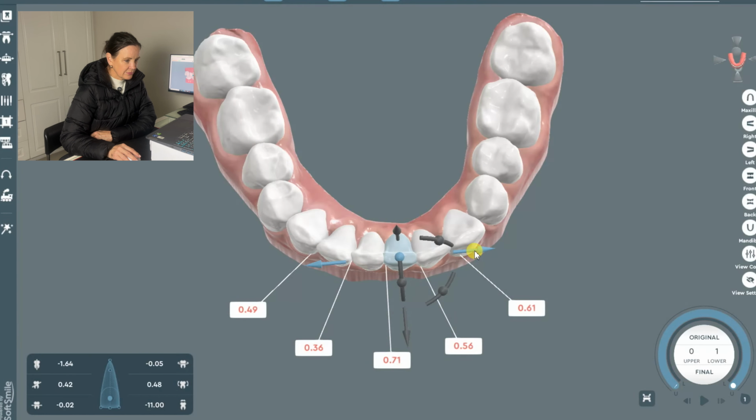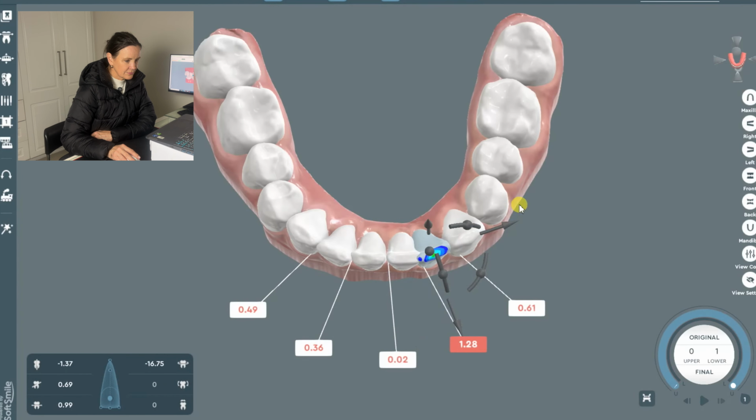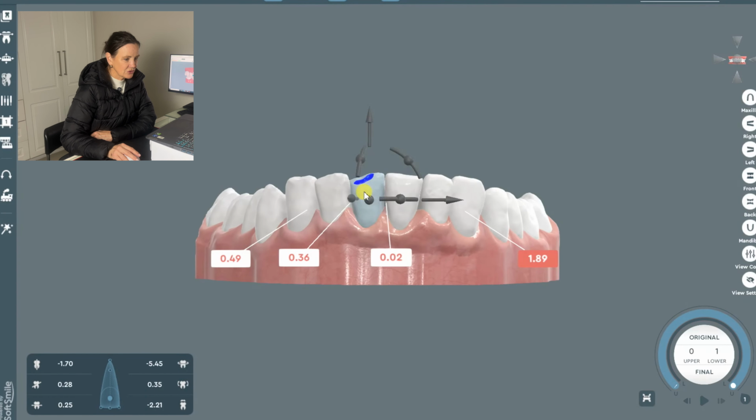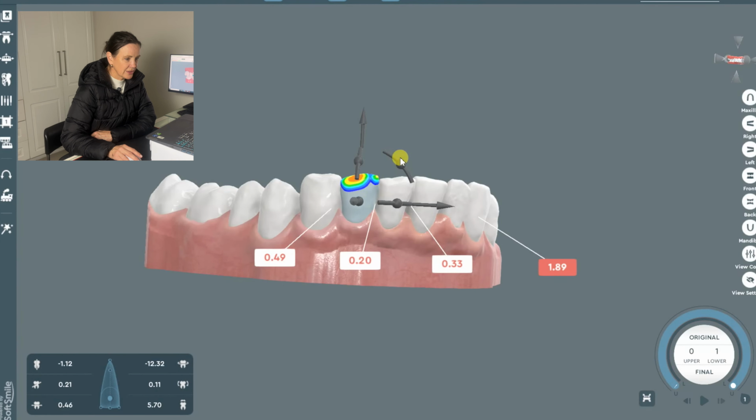The tooth is in the midline, so let's take the calculator and add it all up and also see what's going on. Let's just get the inclinations correct. That also changed our space.